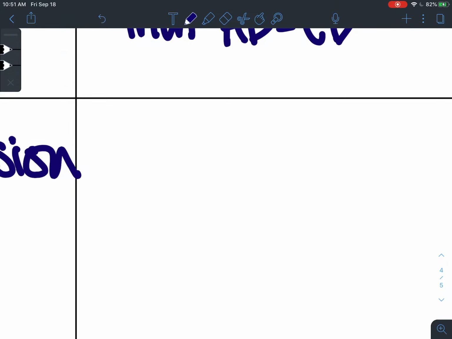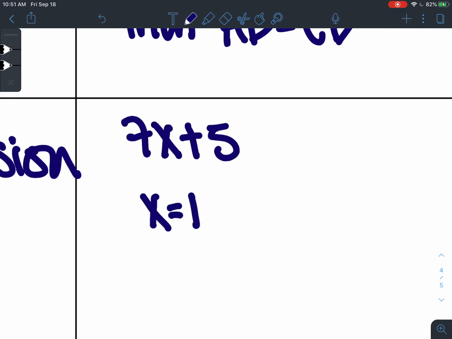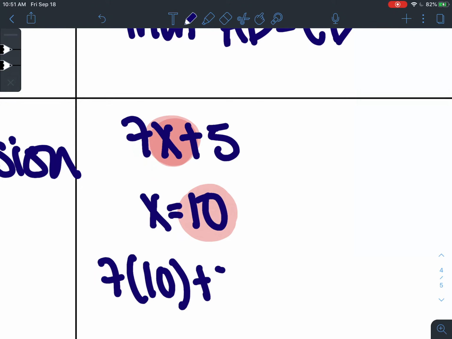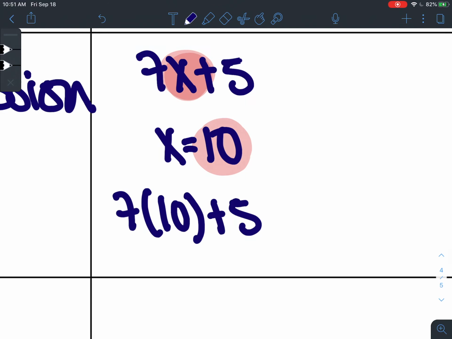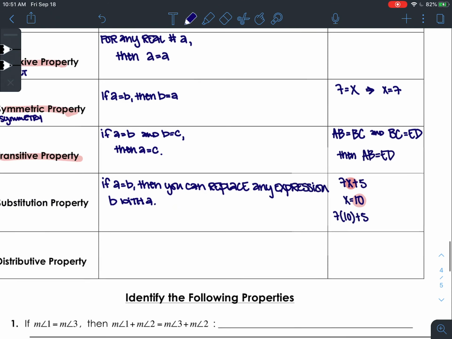So let's say you have the expression 7x plus 5, but then you're also given x is equal to 10, all right? Can't you take this 10 and substitute it in for that x? You can, right? So I can have 7 times 10 plus 5, and that step right there is the substitution step. You can then simplify, but that step of substituting it in, all right, is that substitution step.